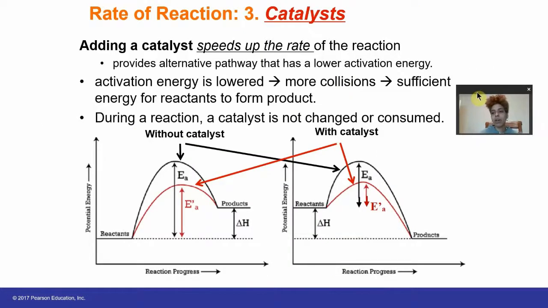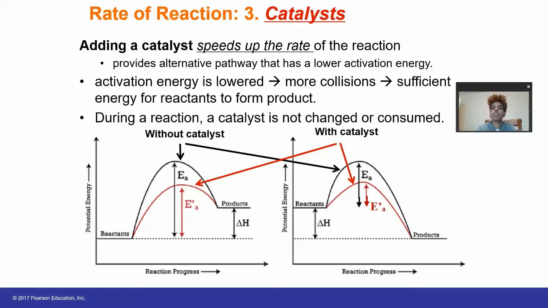Now, a catalyst, all it does is speed up the rate of the reaction. So remember in our example of you bumping into someone and dropping your books in the hallway, if someone pushes you or if someone trips you, that provides another way for you to drop your books in the hallway, right? And you bump into someone and drop your books.